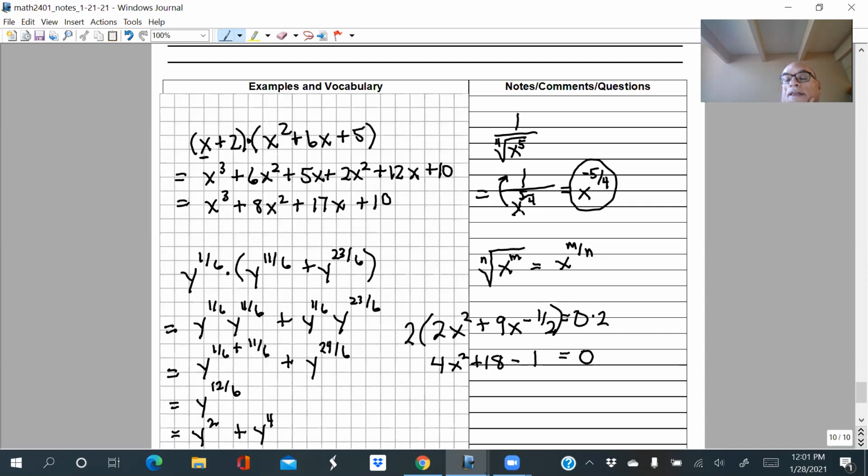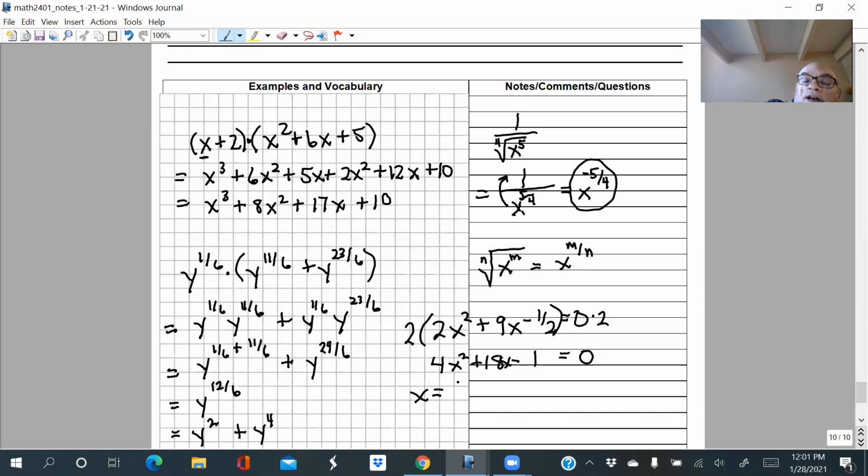And now this is where we either try to factor, or, oops, this is 18x, all right? So we either factor or we try to use the quadratic formula. I don't see that factoring here is going to be very useful. So let's try applying the quadratic formula, and we'll just get started with this, but we won't go through all the steps.